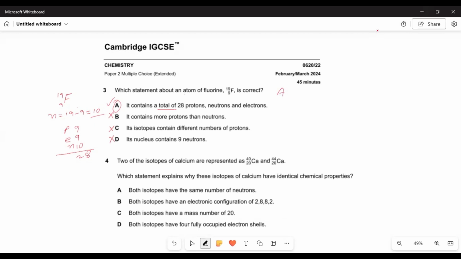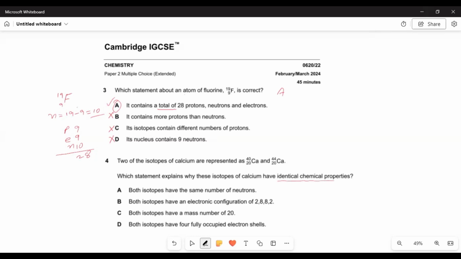Question number 4. Two of the isotopes of calcium are represented here, calcium 40 and calcium 44. Isotopes have different number of neutrons as well as different mass number. So now see the statements. Which statement explains why these isotopes of calcium have identical chemical properties?